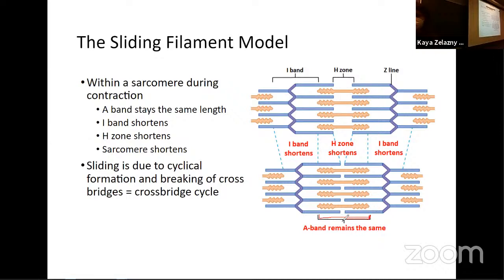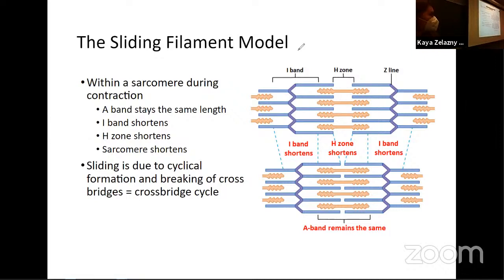Anywhere we see that thick filament is the A band. So as these filaments slide past each other, the myosin isn't changing how long it is. So the A band is always going to stay the same length if we were to measure end to end. And there are regions of overlap that are changing because we have these filaments sliding past each other.